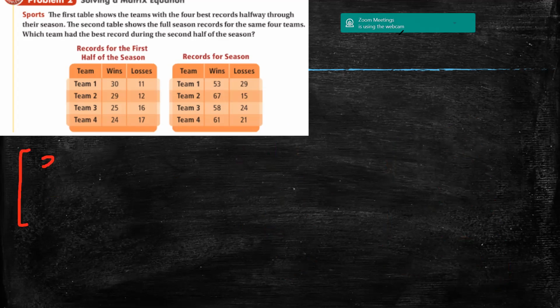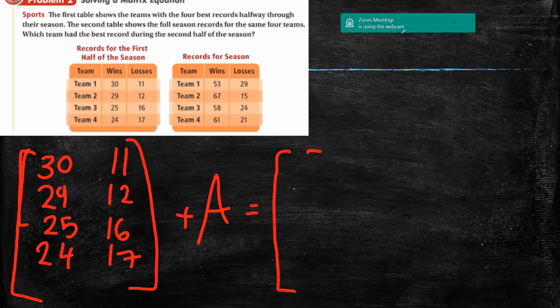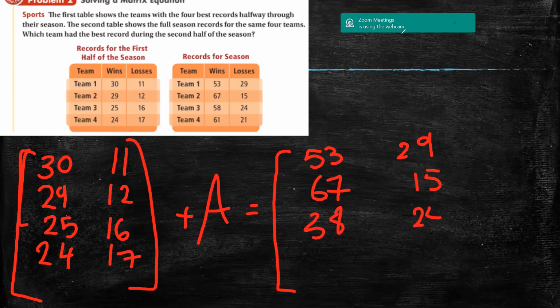This is the first matrix: 30, 11, 29, 12, 25, 16, 24, and 17, plus the second half, equals the whole, which is 53, 29, 67, 15, 58, 24, 61, and 21.